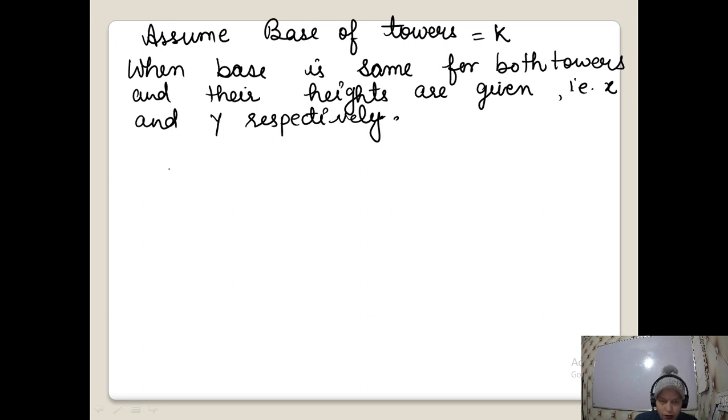Now you have given two thetas, theta 30 degree and theta 60 degree.